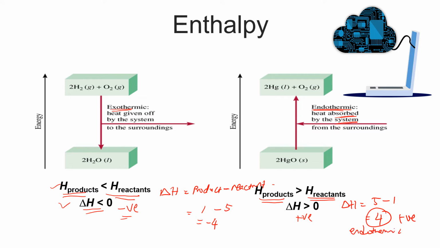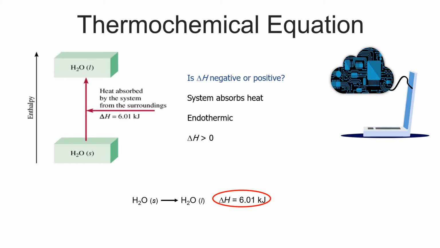Okay, next is when the heat absorbed by the system from the surrounding. So apa yang berlaku bila dia absorb, jadi dia adalah Q in kan, Q in. So bila dia Q in, keadaan tersebut adalah endothermic dan nilai delta H must be greater than 0. Okay, the system absorb heat, jadi delta H apa yang berlaku?